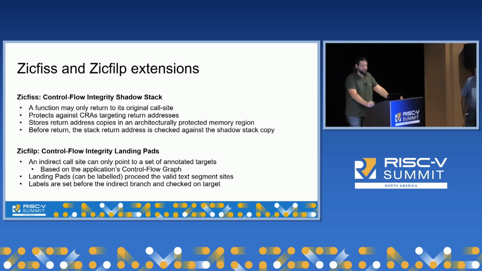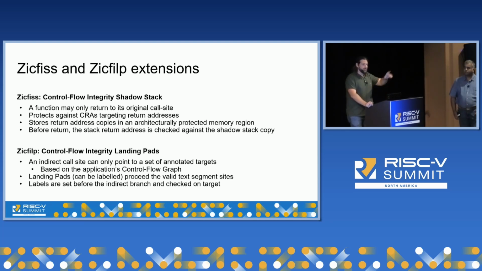For the forward edge, meaning indirect calls through function pointers, what we did was mark the correct set of targets that an indirect call site can point to. To do this, we put labels in the valid code places.